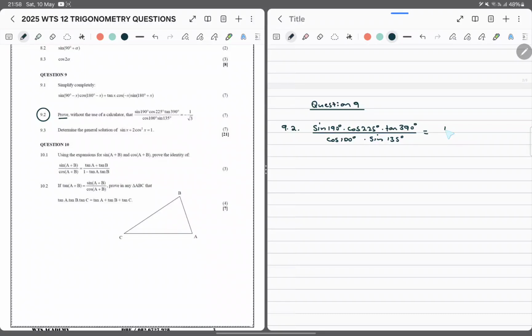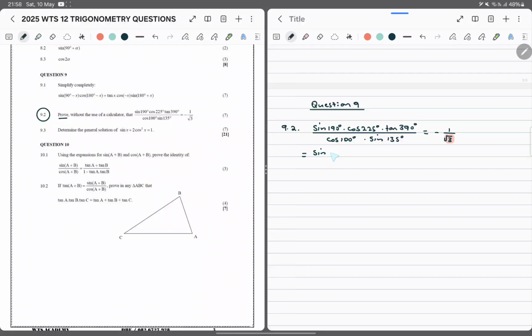This should be equal to 1, minus 1 over the square root of 3. Obviously, this is telling us that we will need special angles, because that root 3, we know it comes from those dudes.